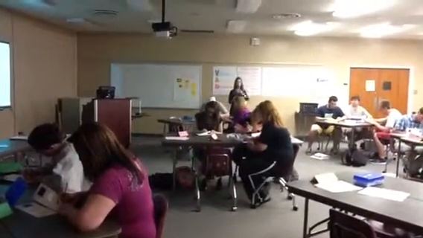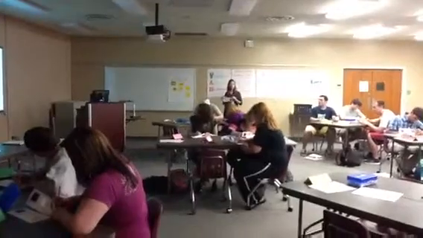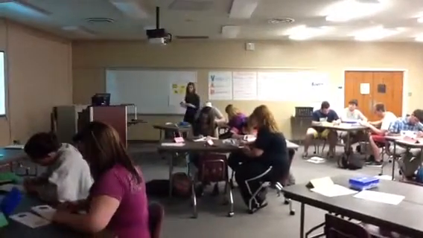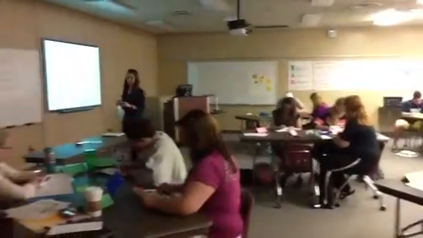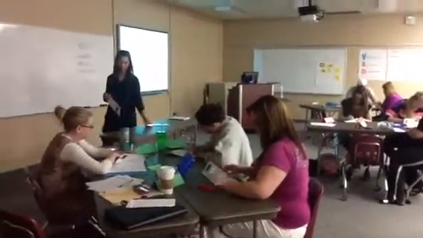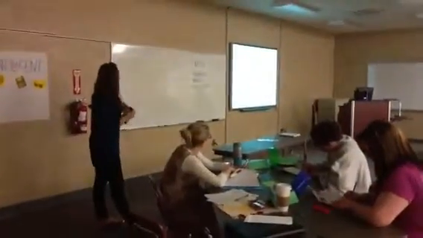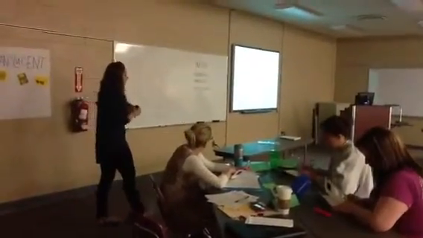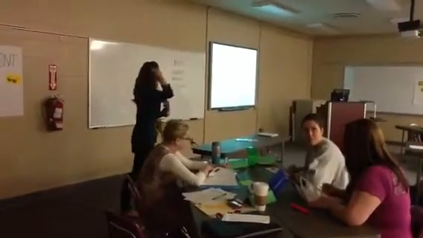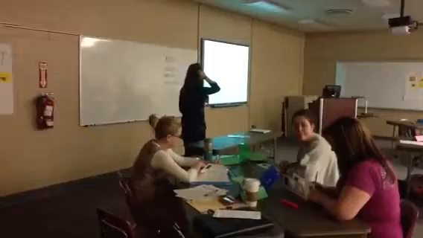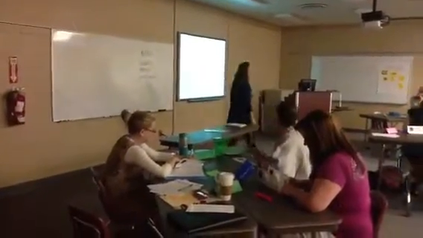Any questions so far? We good? I'll give you a few minutes to draw that picture. Put your pencils down and look up at me when you get done drawing that and writing your definition.